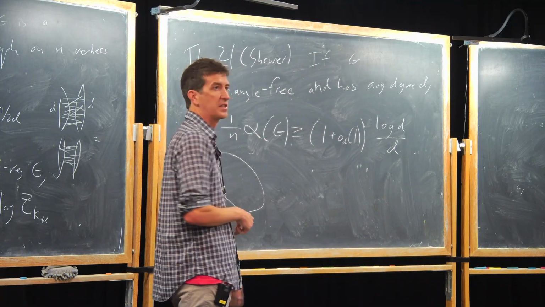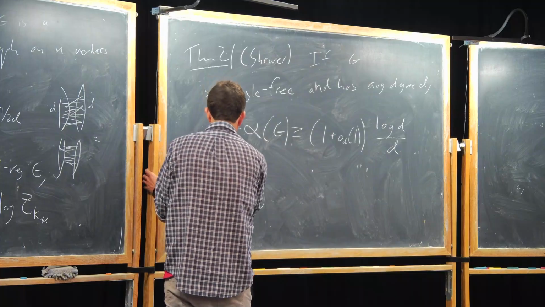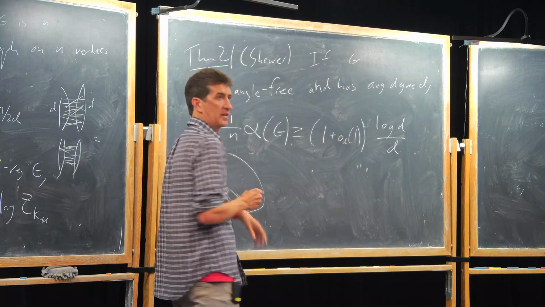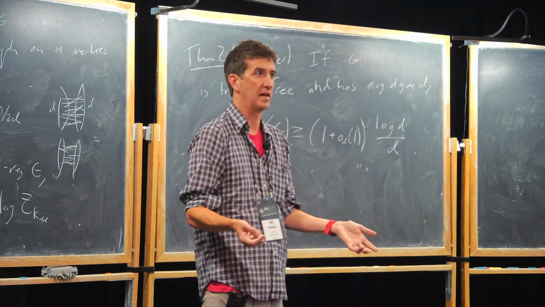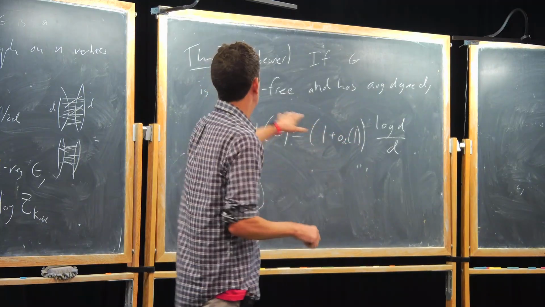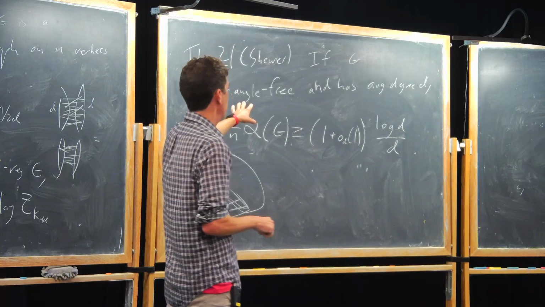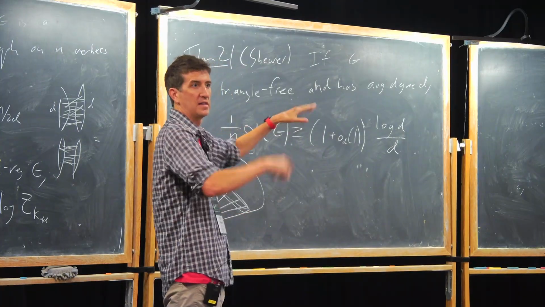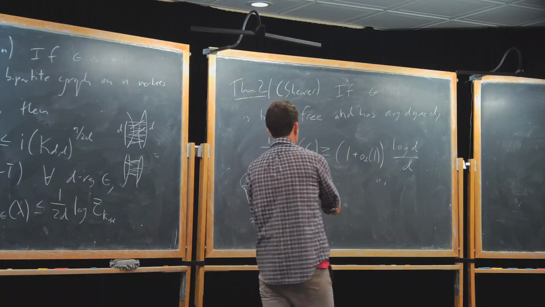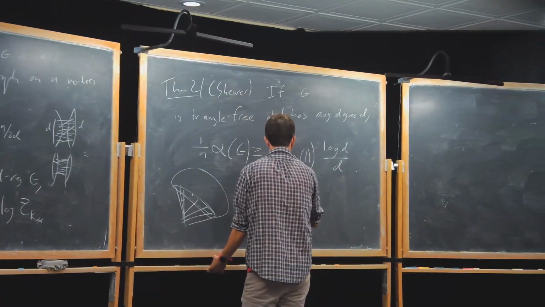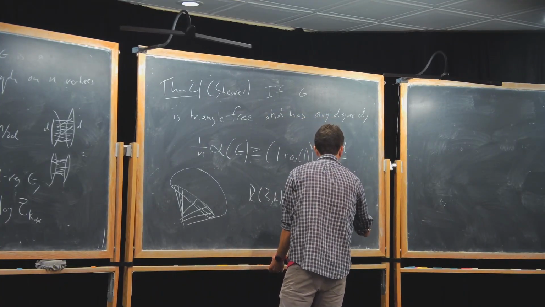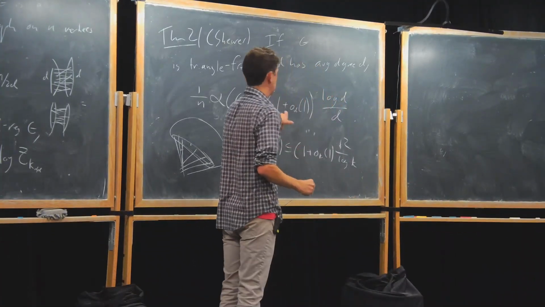And if the average degree is large, that means I have a vertex of large degree in my triangle-free graph, but the neighborhood of a vertex in a triangle-free graph is an independent set. As an exercise, set those two expressions equal to each other, the size of the independent set you would get by this bound and the size you would get just by the neighborhood of size D. When you set them equal, you get the bound on R(3,k), which is k squared over log k. So this 1 is this 1 here.